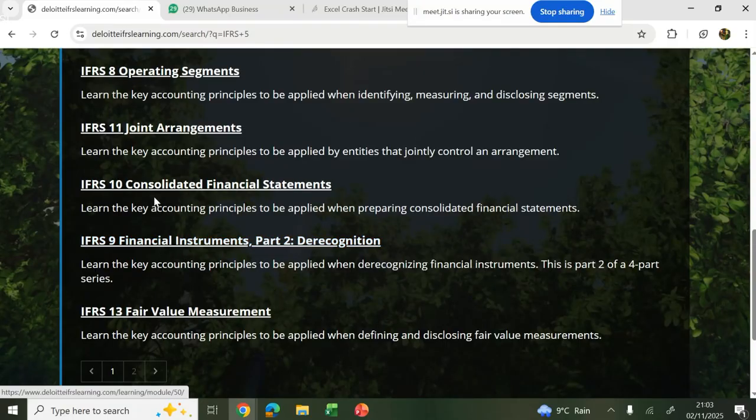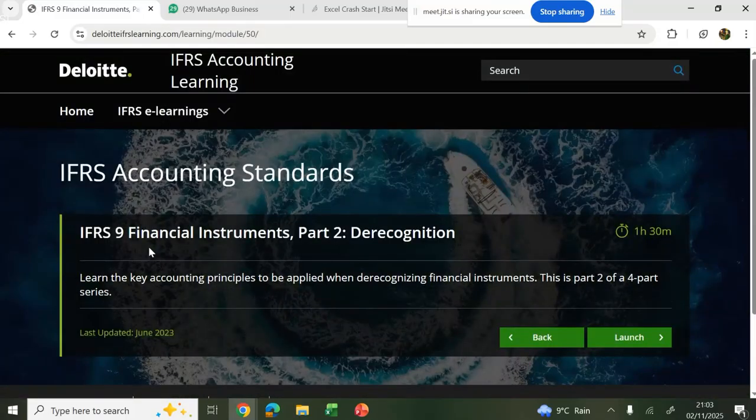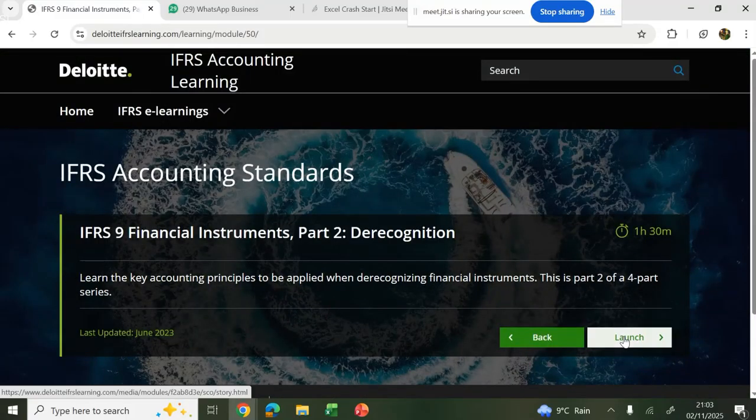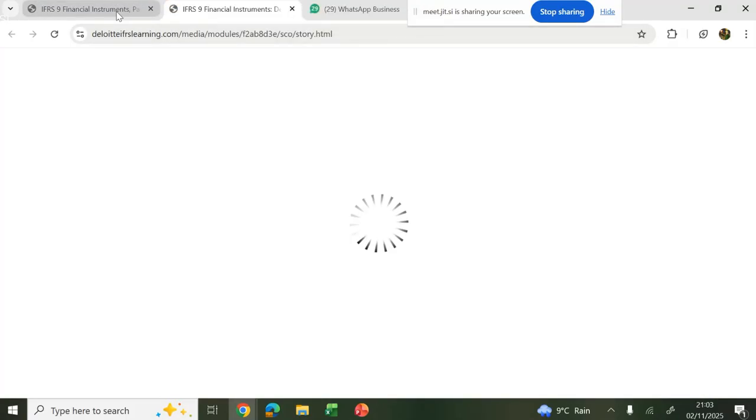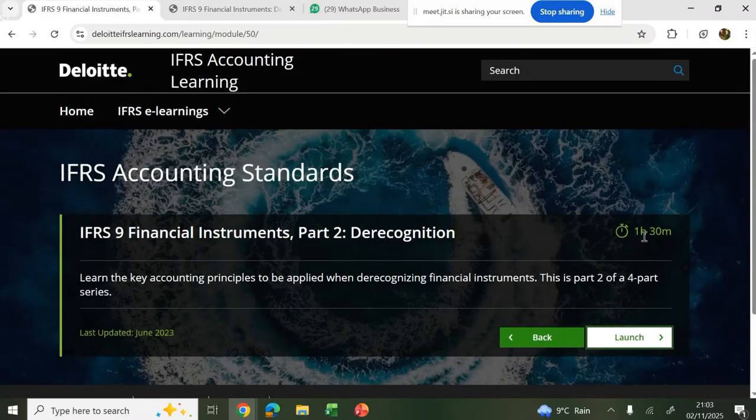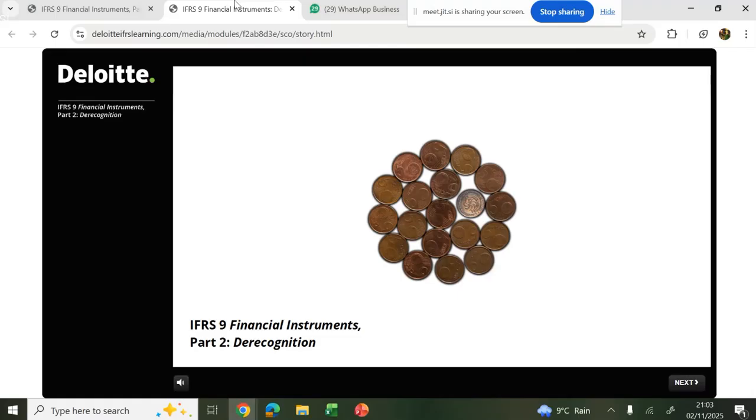Let's say I want to test IFRS 9, financial instruments. I'll click on launch. Before I click on that, it tells me I need to commit 1 hour 30 minutes to complete it. It's not time bound though, it's just saying that the minimum time you need to commit to study this is 1.5 hours. Once you click on launch, it will bring you to this page.